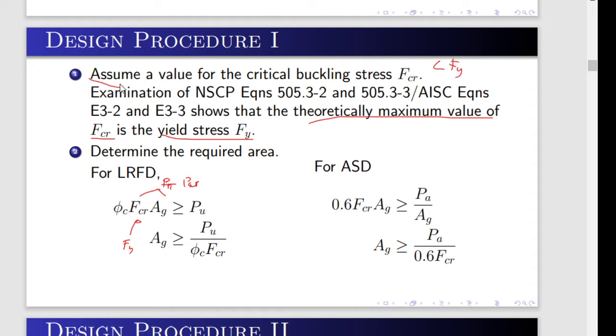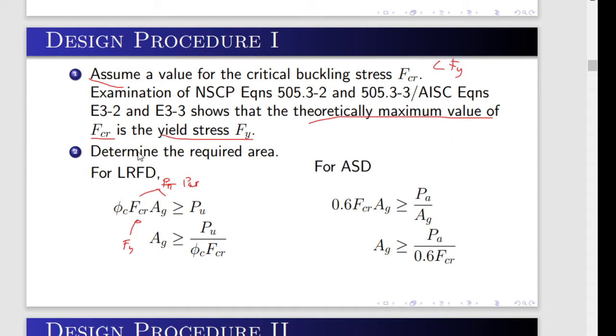Examination of any shape equation shows that the theoretical stress is Fy. You have to assume a value for the critical buckling stress, not Fy, because Fy is the maximum value.